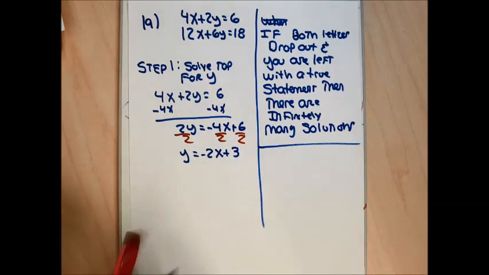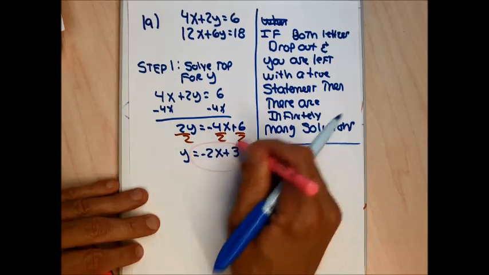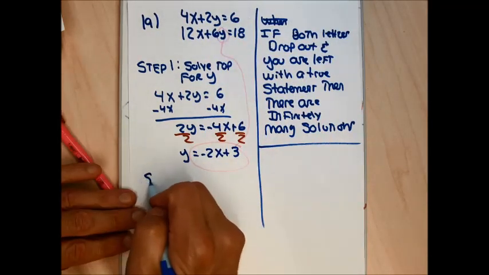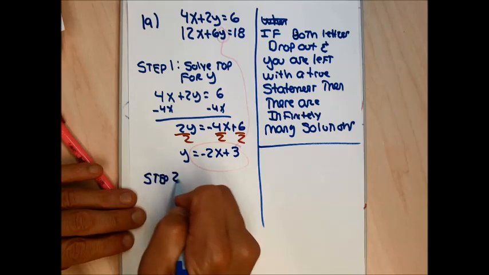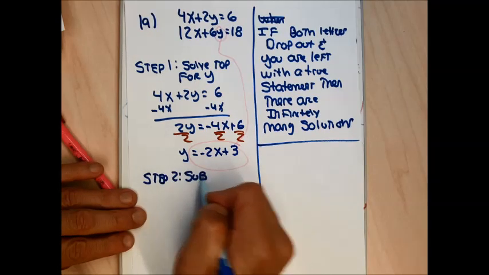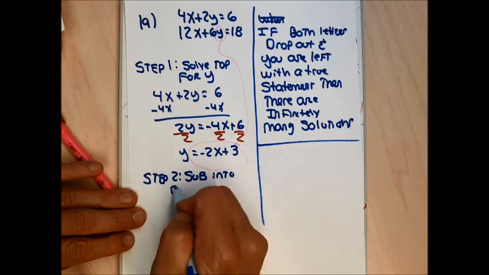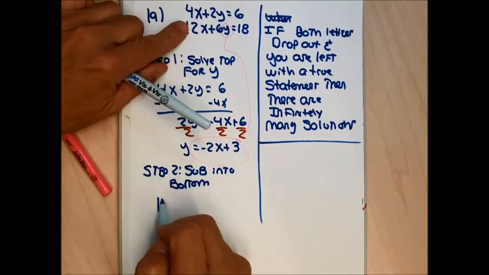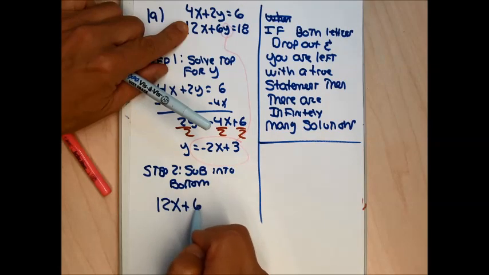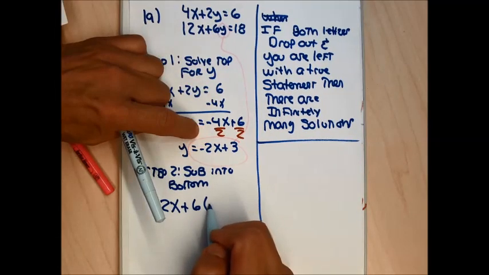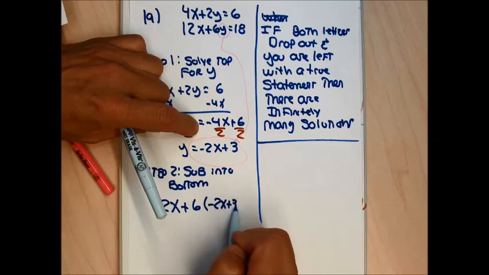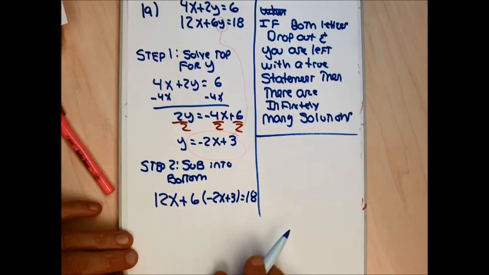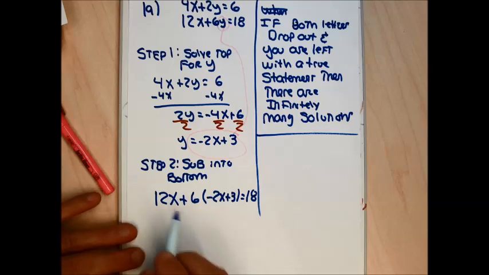Now for my step 2, I'm going to substitute this into the bottom equation. So the bottom equation had a 12x, it had a 6y. Now I'm going to change that y to minus 2x plus 3. And I'm going to solve it. Soon as the letters drop out, I'm done with my algebra.